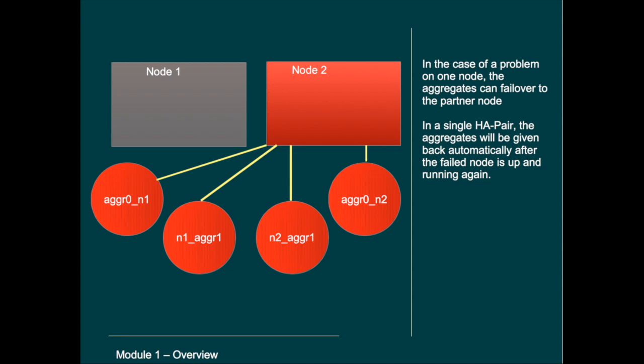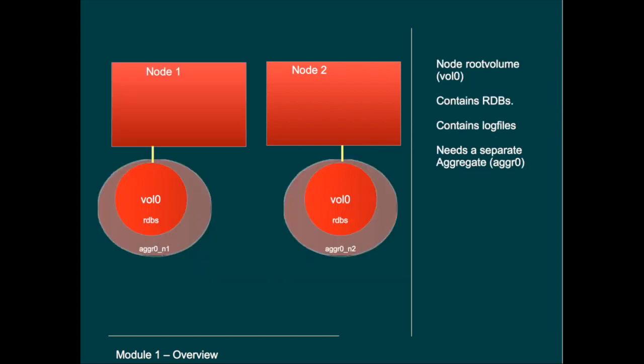When the node joins the cluster again, it can automatically or manually get its aggregates back. This is all configurable. There's a very important volume that resides in the root aggregate. This volume is typically named vol0. This volume is the node volume and contains cluster configuration and log files. So every node has a volume named vol0.